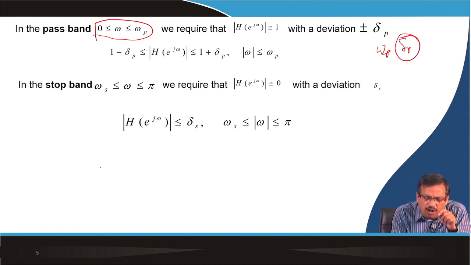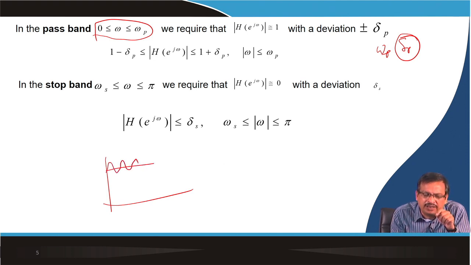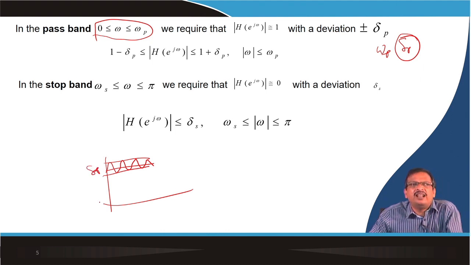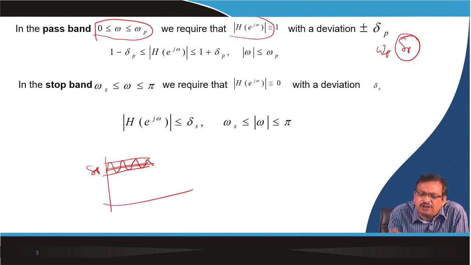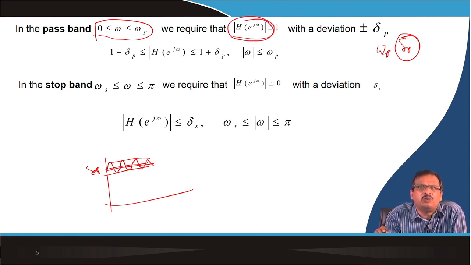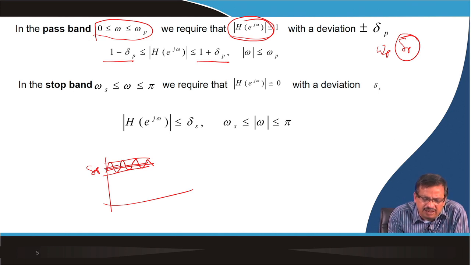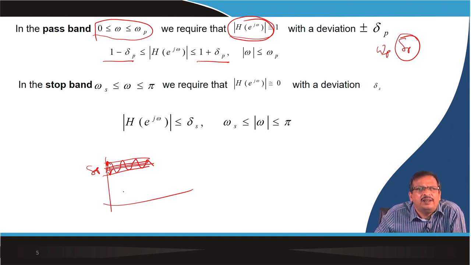So instead of 1, I will get a variation. If this peak to peak variation is del p, then I call it the pass band ripple. So instead of 1, my filter frequency magnitude is between 1 minus del p and 1 plus del p, with the peak to peak del p here.